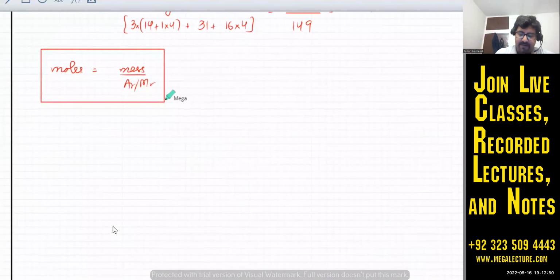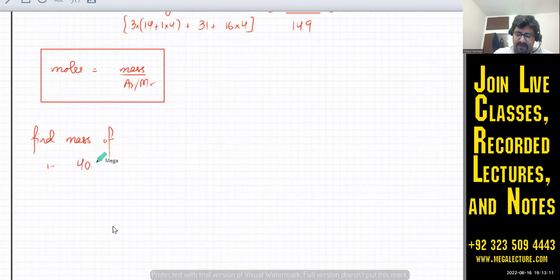So let's say we have another question and it's saying find the mass. You're being asked to find the mass of 40.5 moles of sodium oxide.